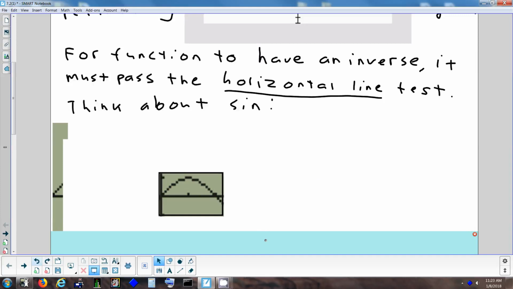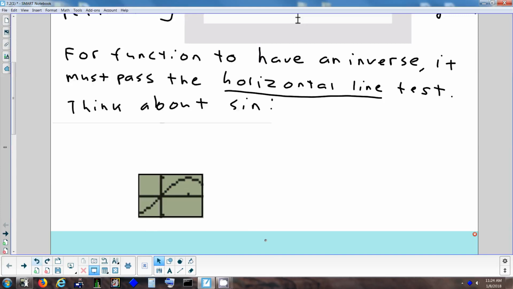Right, I have to come up with a section where it's impossible to hit twice. And if I do something like, it's a little off, but basically just like that, no matter where I draw a horizontal line now, it would only hit once. So that's the only way inverse trig functions can exist. You have to basically block out the rest of it and just focus on a small part. And that's what I'm trying to show you right here.